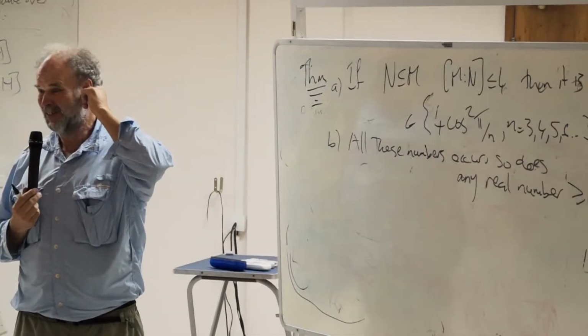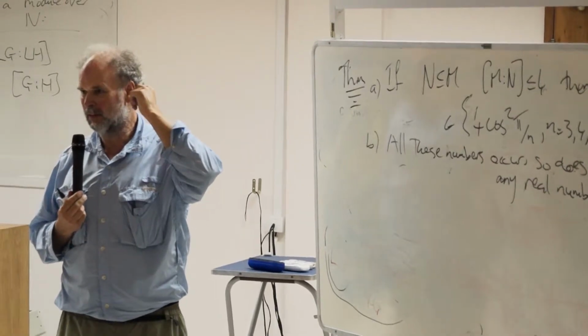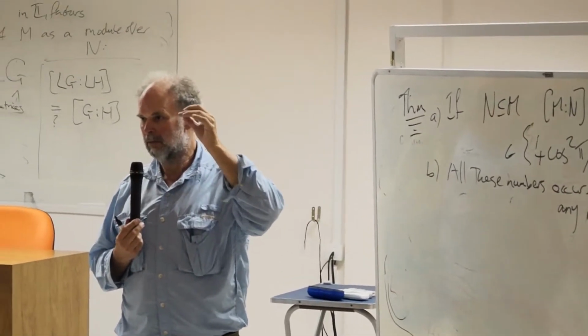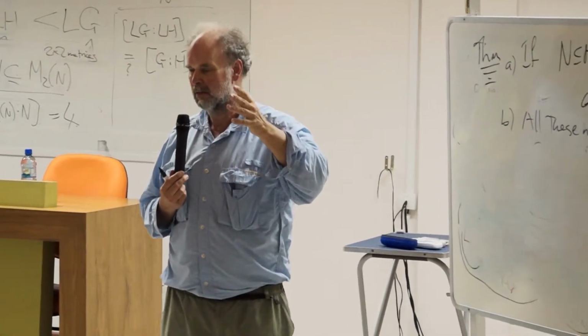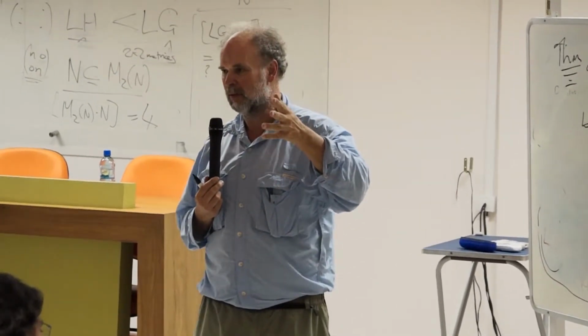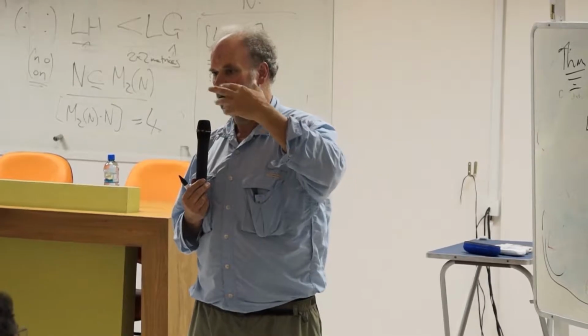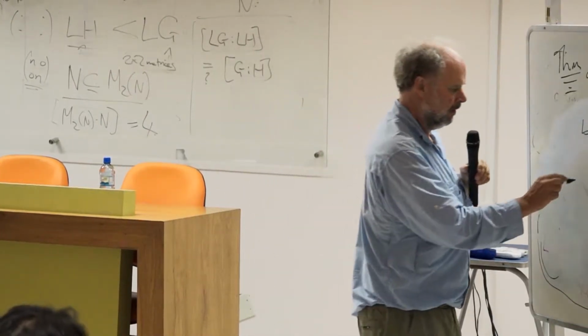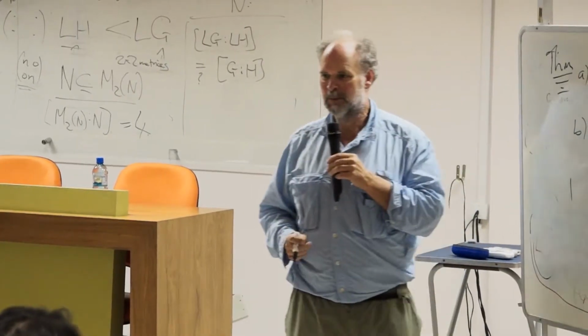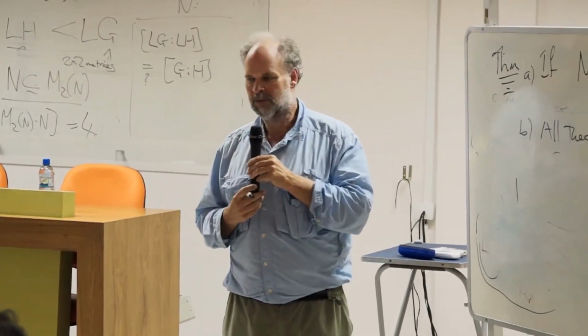Okay, so this is the kind of surprising resolution of this problem. We had this index. As it was defined, it was some kind of real number, but we could only get integers. And here's the actual answer. So what do these numbers look like? 4 cosine squared of pi over n, starting with n equals 3.